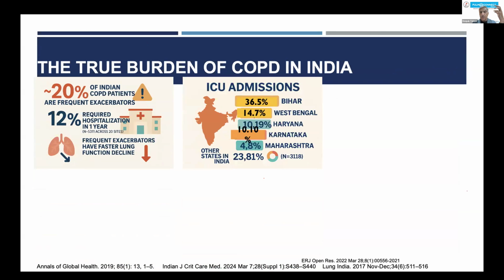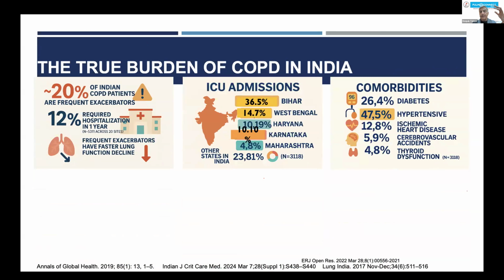All over India, ICU admissions have a significant number of COPD patients with acute exacerbations, and when they get admitted, they don't come with only COPD or exacerbation, they come with multiple comorbidities, which include diabetes, hypertension, ischemic heart disease, CVAs, as well as thyroid disorders.